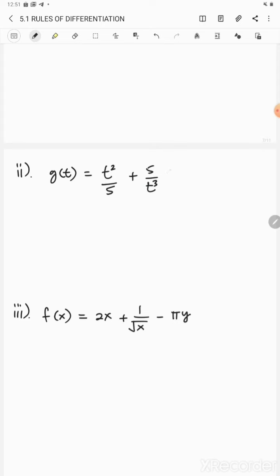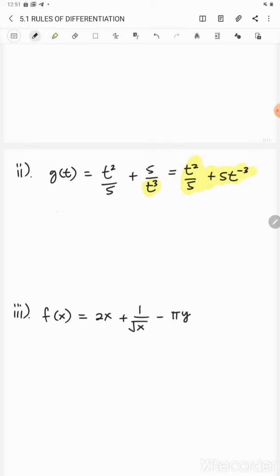Alright, so this one, t squared over 5 plus, okay, we can see here we have t cubed. You have to bring it up, so there will be 5t to the power of negative 3. Now you can just differentiate this term.